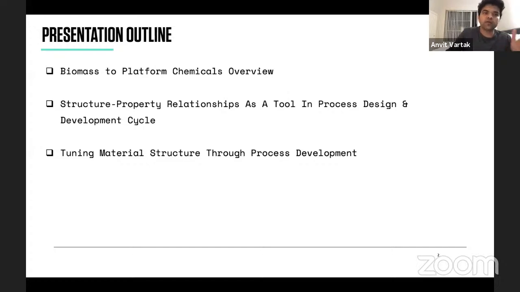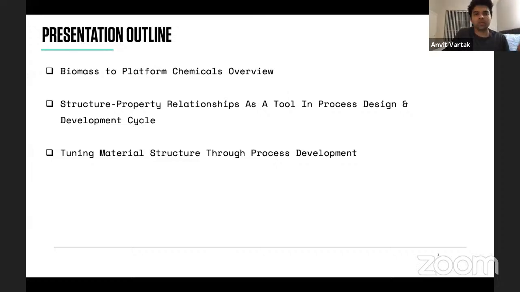The first one is an overview of the platform for biomass conversion into different types of chemicals, either specialty chemicals or commodity chemicals, or other materials that we currently use, which are very widely valued in the market and form a very important part of our day-to-day life.